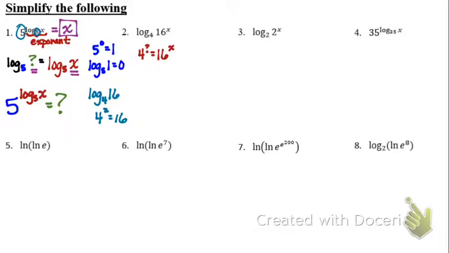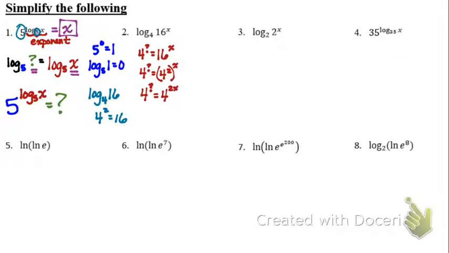Can you guys think of another way that I could write 16? 4 squared. 4 to what power would be equal to 4 squared to the x power? 4 to the power of 2. Yes. So this would be 4 to the power of 2x.